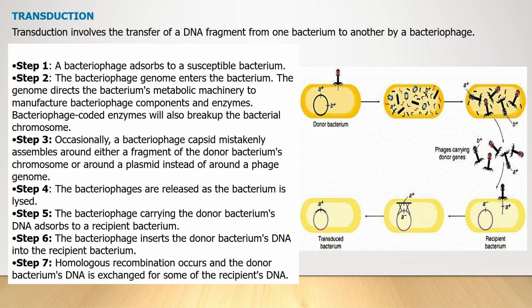This is how the gene of a bacterium can be transferred to another bacterium. Homologous recombination occurs and the donor bacterium's DNA is exchanged for some of the recipient's DNA. So these are the three different horizontal gene transfer methods in bacteria.